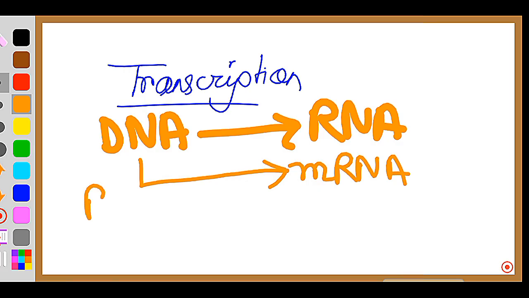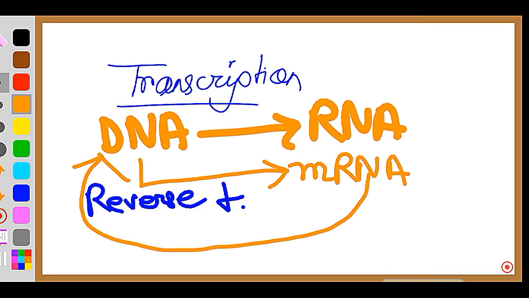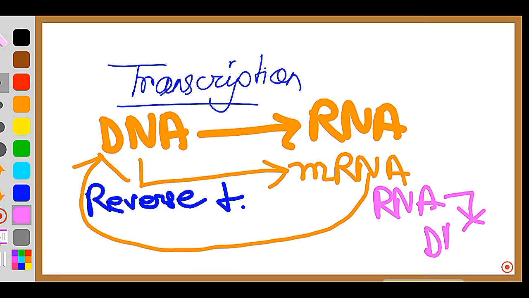And what is reverse transcription? Reverse transcription is when the procedure is being reversed. So when there is production of DNA from the RNA, the process is being reversed. So this is called reverse transcription. You must have studied about this, at least about this terminology in your school education.